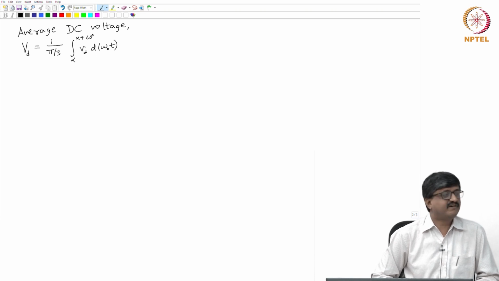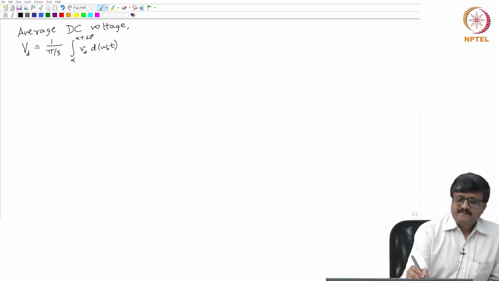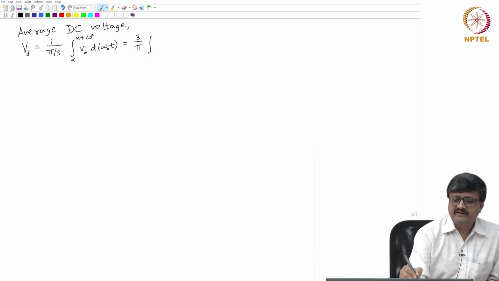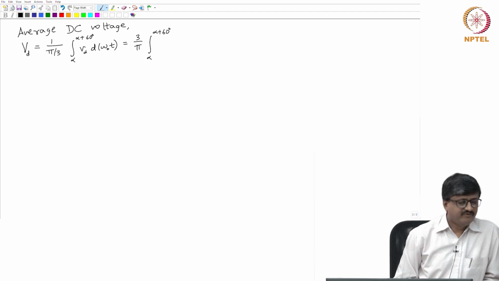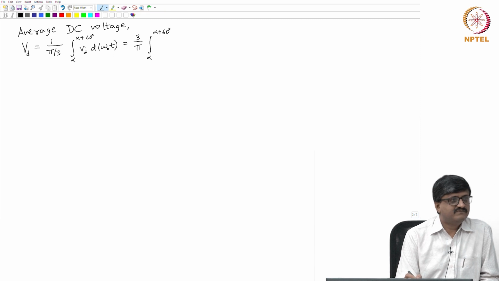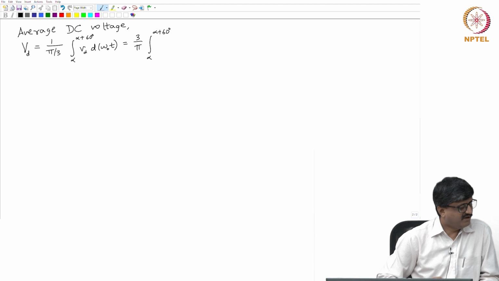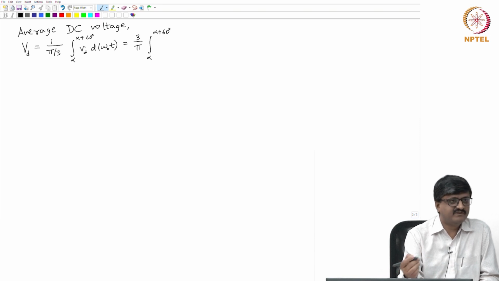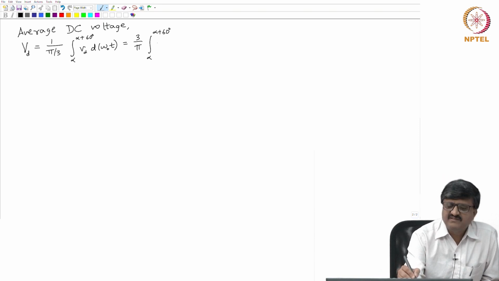That is the expression for average DC voltage. So, that is equal to 3 by pi integral from alpha to alpha plus 60 degrees of Vd. We know the instantaneous Vd from alpha to alpha plus 60 degrees; we got Eb minus Ec.